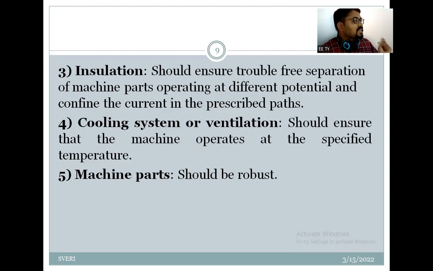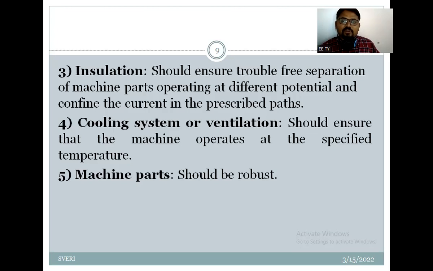Proper insulation of each winding is necessary. You can consider the design of a transformer, an induction motor, a DC motor or a synchronous machine. Insulation plays a very important role whenever we consider the design of an electrical machine.